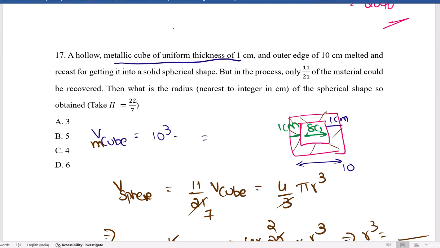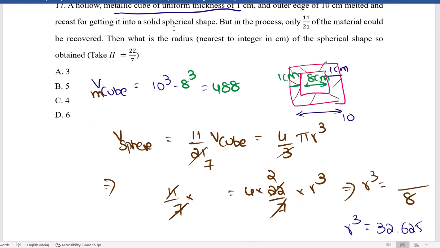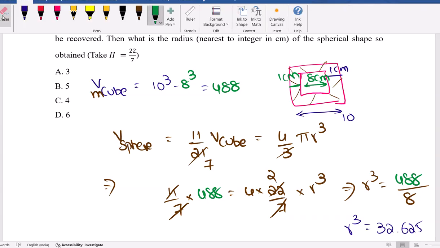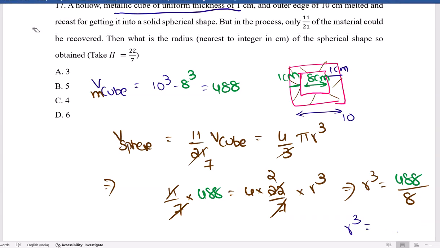This should be removed: 10 cube minus 8 cube. 1000 minus 512 is 488. 488 divided by 8 is 61, and the nearest integer is 4.